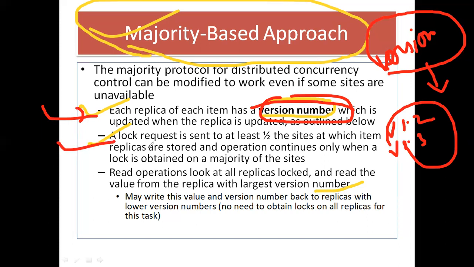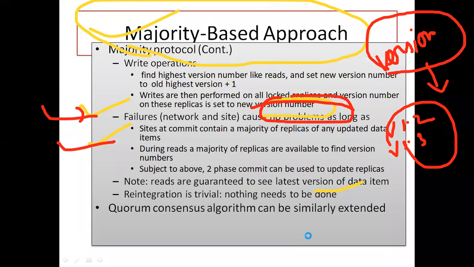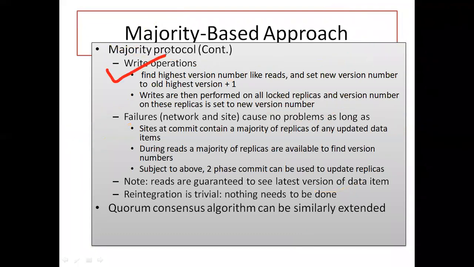Then the lock request follows the same rule that we studied in the majority-based protocol: if the lock is obtained on more than half of the sites, then we go for that transaction. Write operations find the version number and set the new version number to the old highest version plus one.